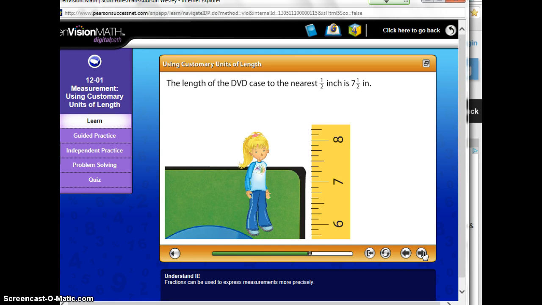What if I asked that same question, but I said, what is the length of the DVD case to the nearest 1/4 of an inch? Okay, let me show you the fourths. We have 1/4, 2/4, which is the same as a 1/2, 3/4, 4/4.